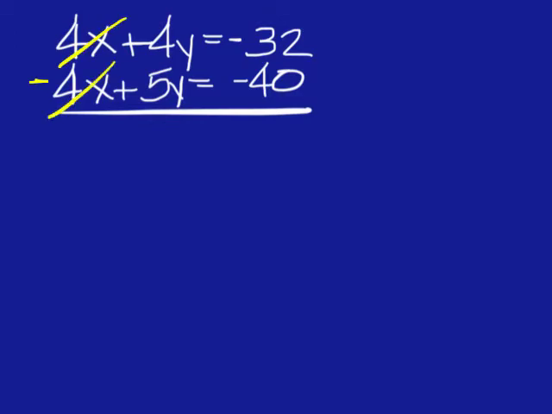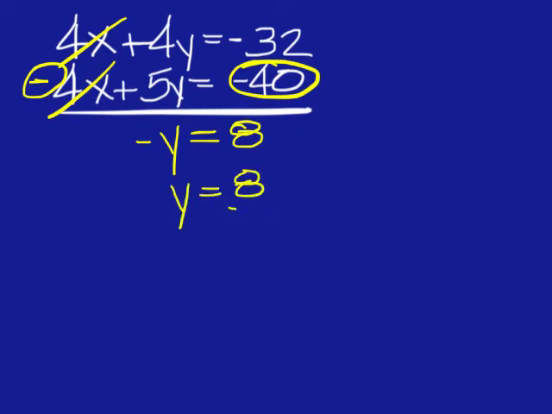Then go over to the y's. 4 minus 5 is negative 1, so just write negative y. And negative 32 minus a negative 40 will be a positive 8. Divide the positive 8 by negative 1.